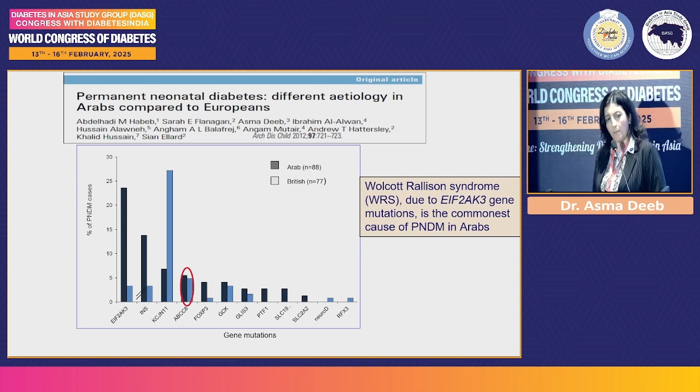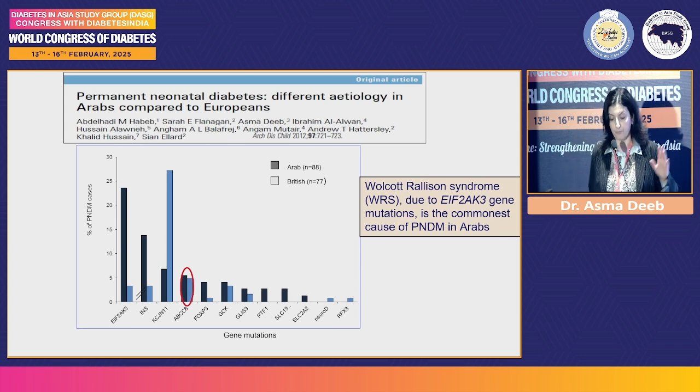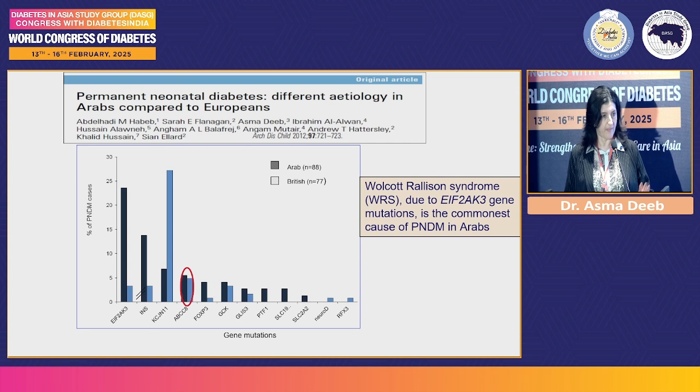When we wanted to compare the underlying genetics of monogenic diabetes, specifically neonatal diabetes, between us Arabs in the Middle East region and our colleagues in the British cohort, we found that there is a very different etiology for neonatal diabetes in Caucasians compared to us in the Middle East.